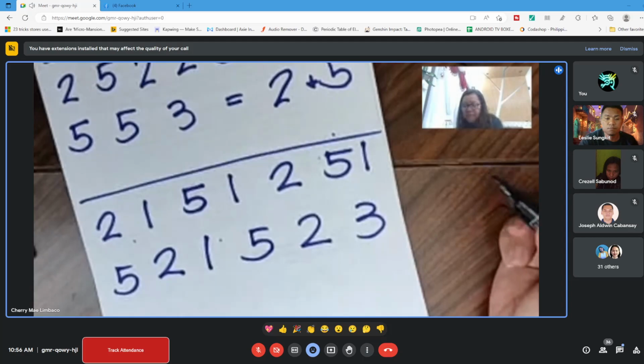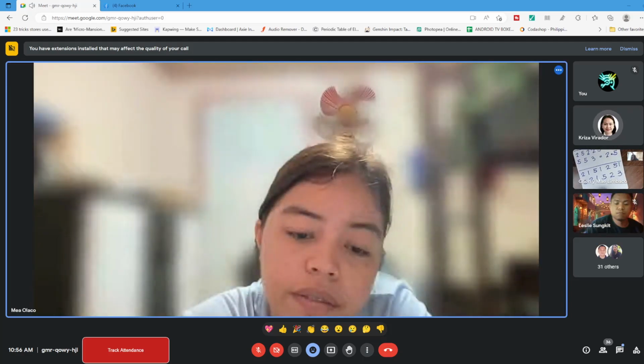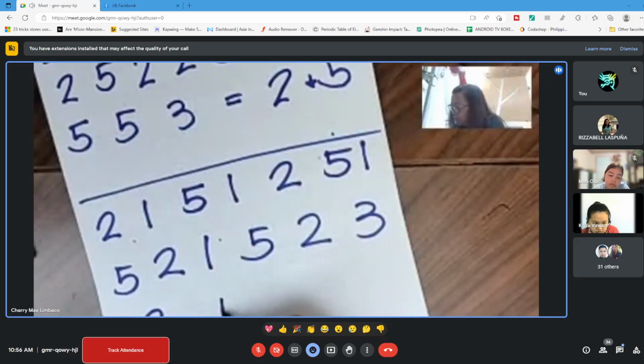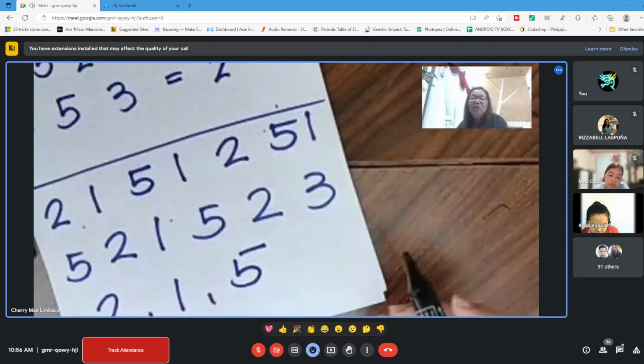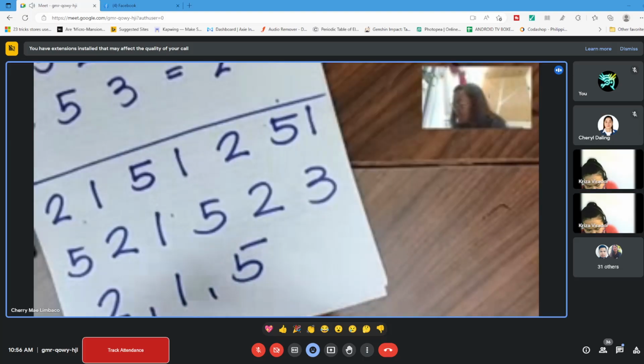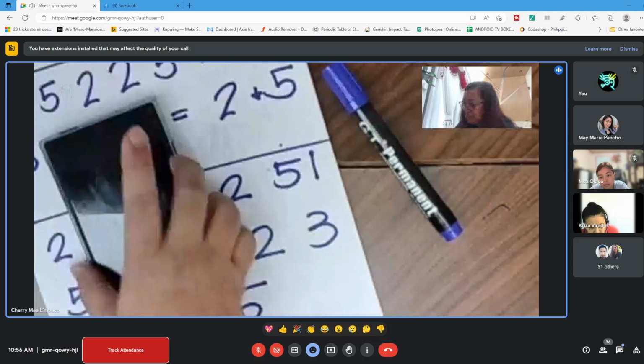Tell me, which numbers repeat here? 2, 1, and 5. So, we call that trimodal.